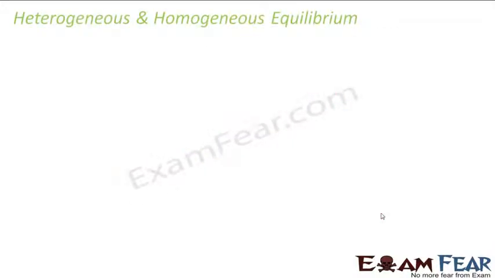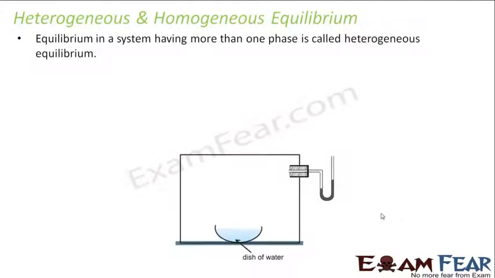Let's talk about heterogeneous and homogeneous equilibrium. So what is heterogeneous and what is homogeneous equilibrium? It's equilibrium in which the system has more than one phase. That is called a heterogeneous equilibrium.